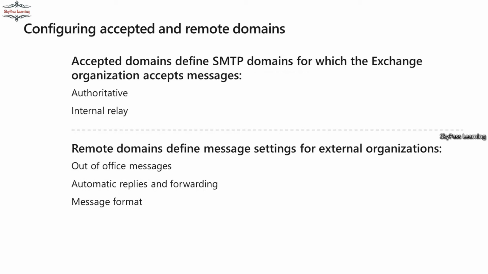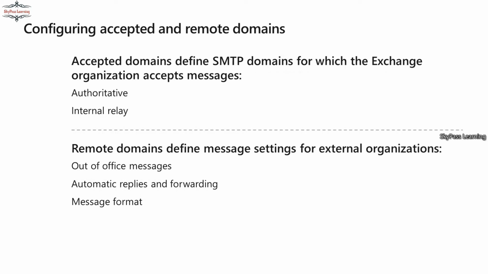By default, when you add the domain and the domain ownership record with the DNS server, and Microsoft verifies that the domain ownership record exists, then Microsoft will add that domain as an accepted domain in Exchange Online. That is an authoritative domain where you are able to accept emails and host the recipient mailboxes.